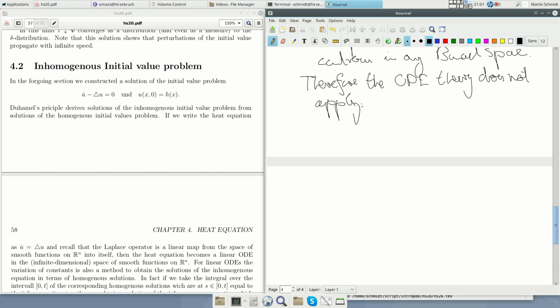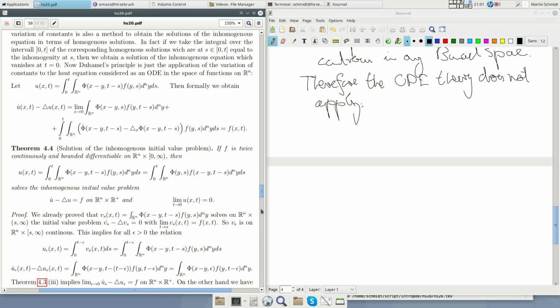Now, what is the solution? Let's state the theory, and then we see what it is.